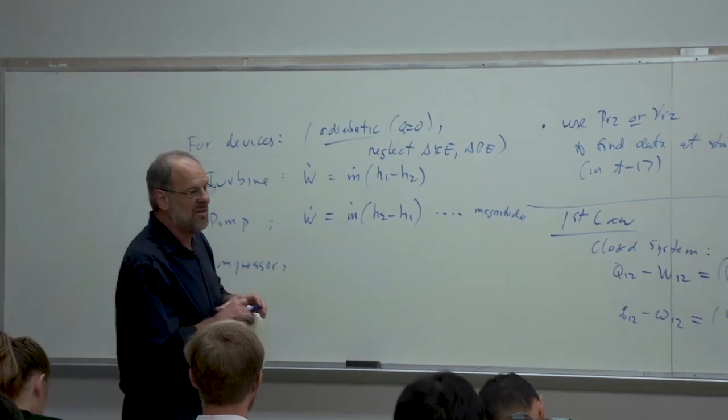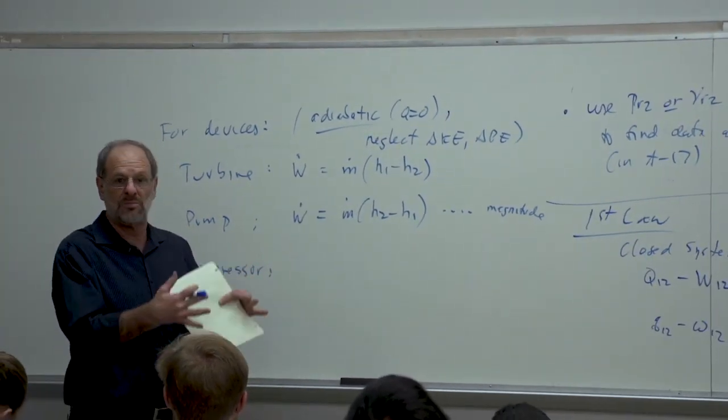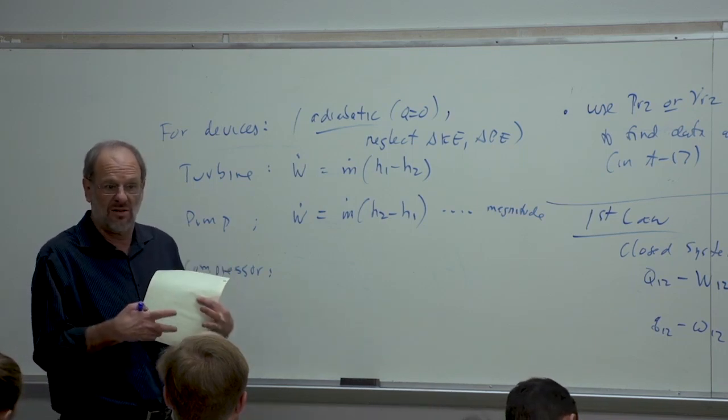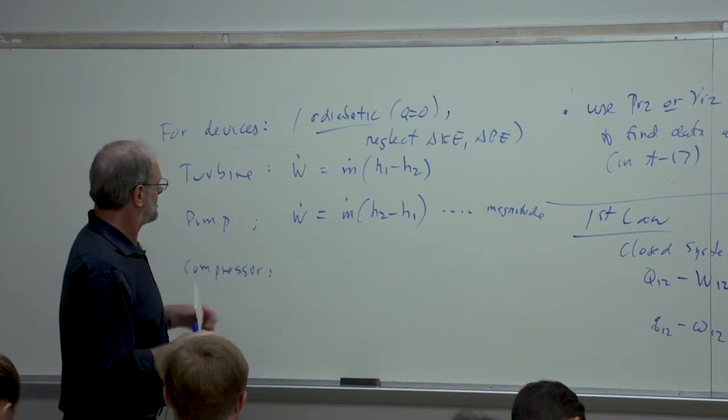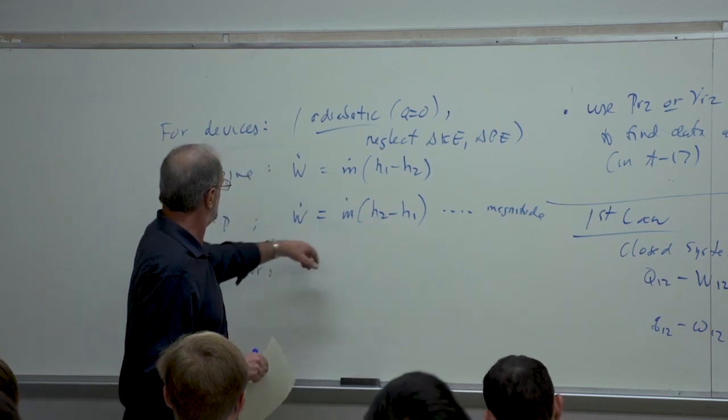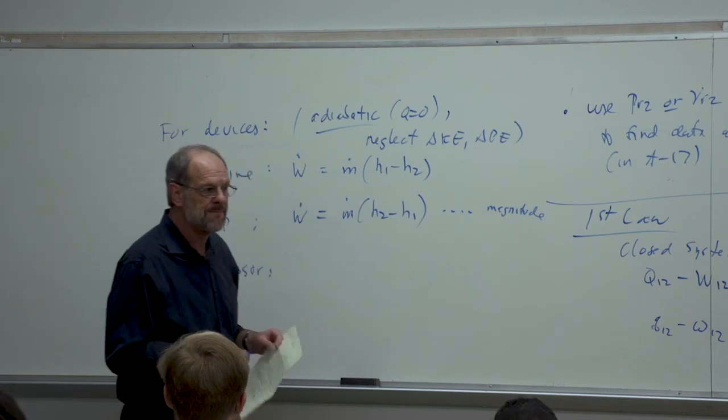But keep in mind that pump work is work input to the system, and as such, it's going to have a negative value, right, based on our sign convention. So we're just going to swap the order of H1 and H2, and this is going to be the magnitude of the pump work.